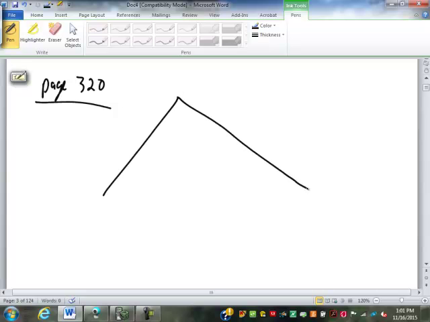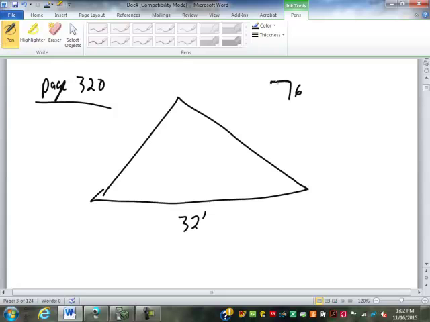I'm going to look at a 32-foot span and a 6/12 slope. Now there are a couple of things we need, some information we need from this before we can do any calculations.